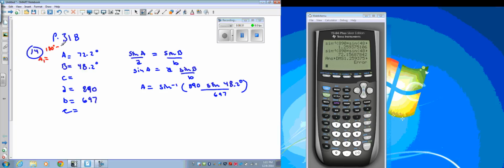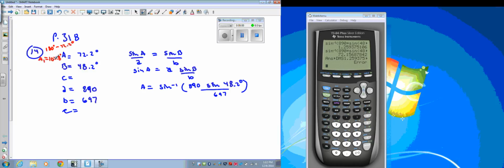Supplements have the same sine. So that would be 107.8. If we took the sine of 107.8, or 72.2, I would get the same sine.